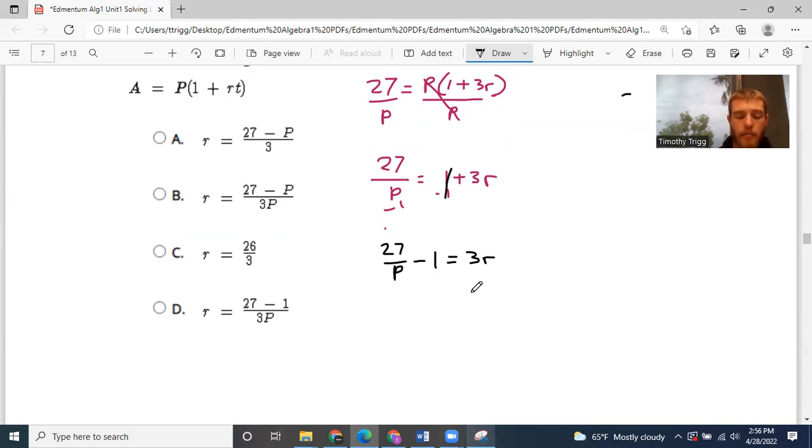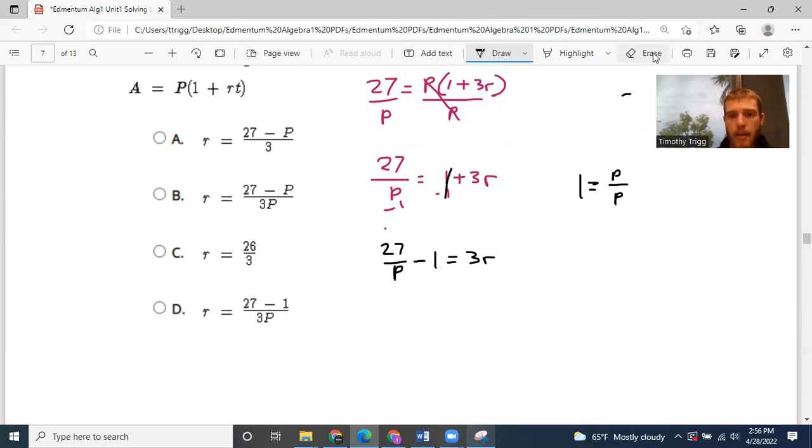Then I would divide, well, I see what they're doing. This one's going to be a little bit tricky, but I want to show you this. So you notice they have a 1 here. We could rewrite that 1 as P over P. Okay. Now, why would I want to do that?